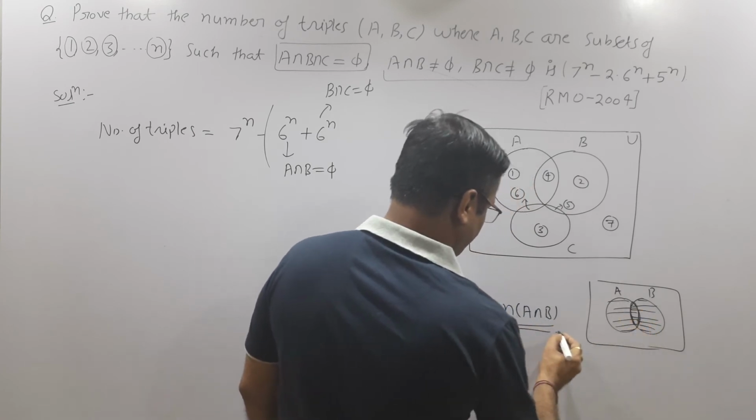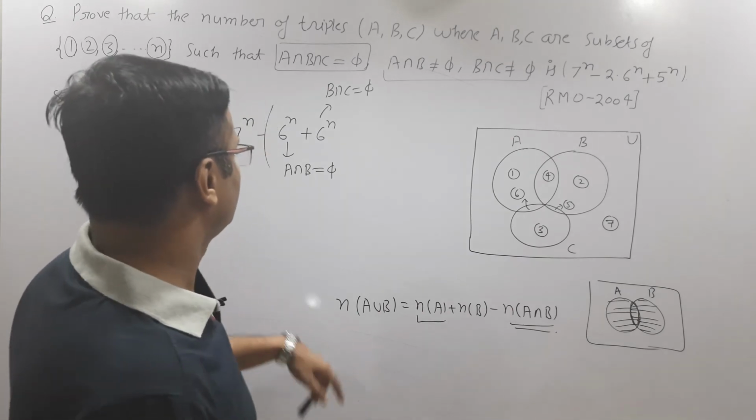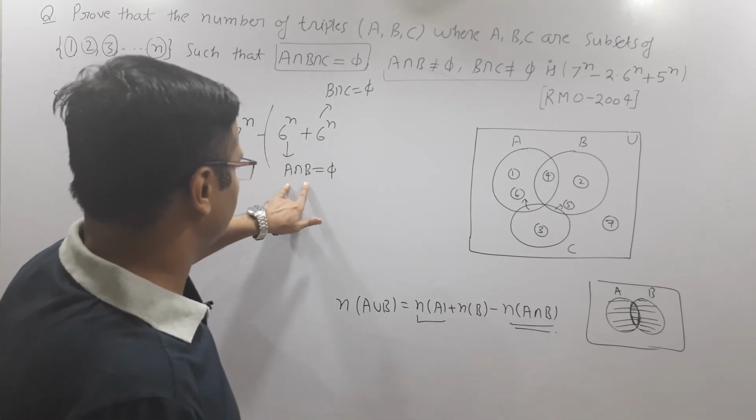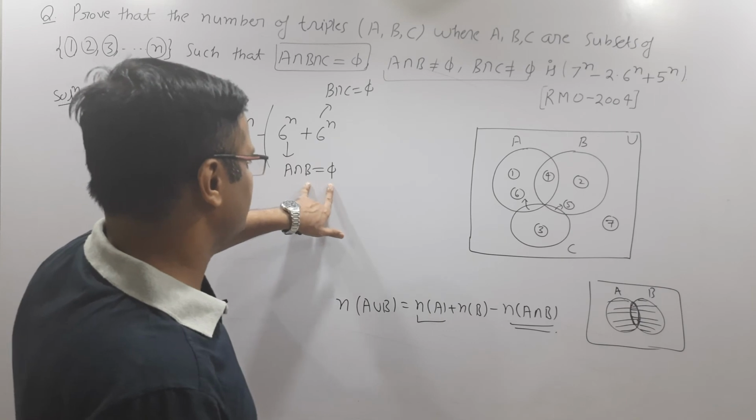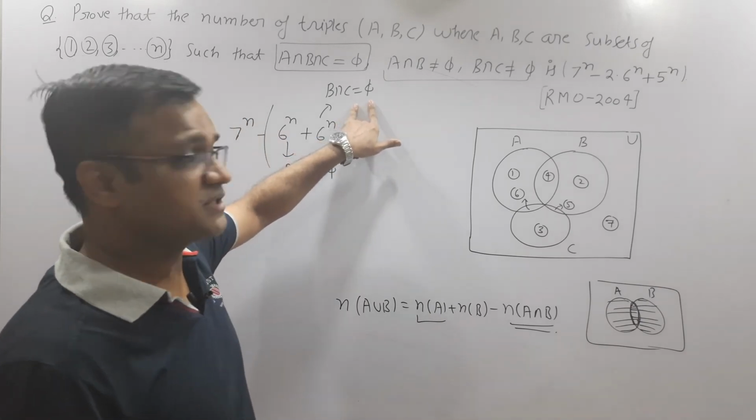So you have to subtract this common region, n of A intersection B. So in this counting, we have supposed that A intersection B is empty. This counting corresponds to this case, and this counting corresponds to this case.